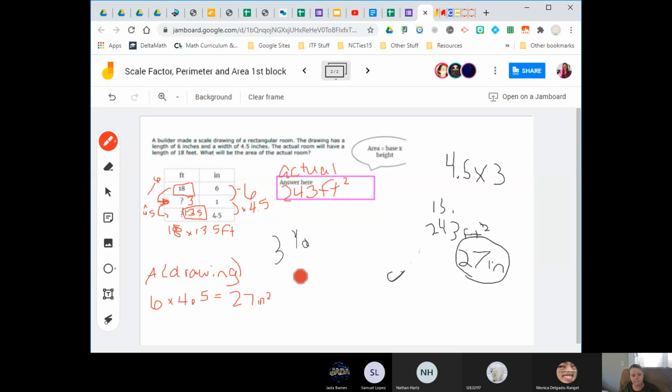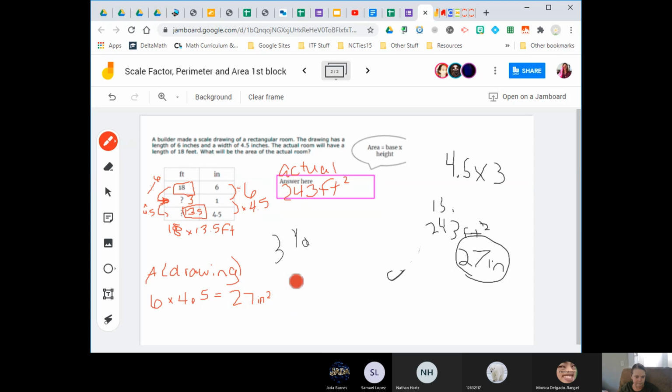All right. So I'm going to type real quick. Our scale factor for the actual room is 3.